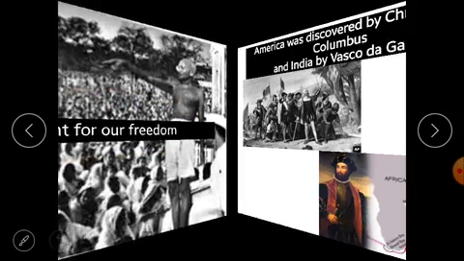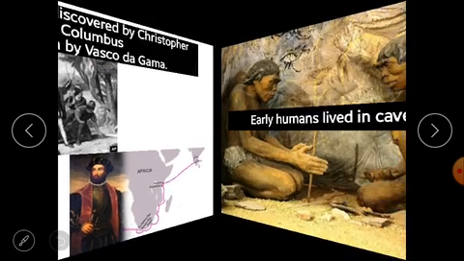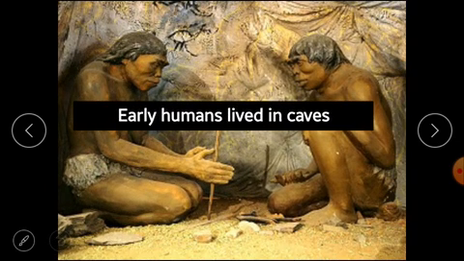Or that America was discovered by Christopher Columbus and India by Vasco da Gama? Or let's say, for example, early humans lived in caves. How do we know that early humans lived in caves and that they invented fire using stones, etc.?